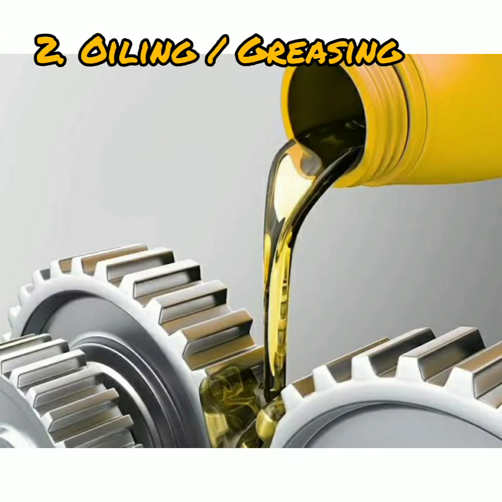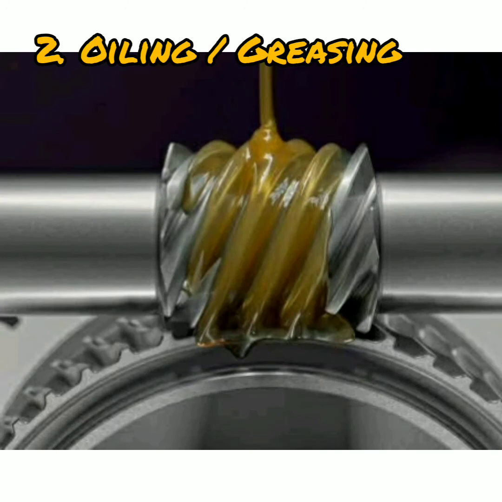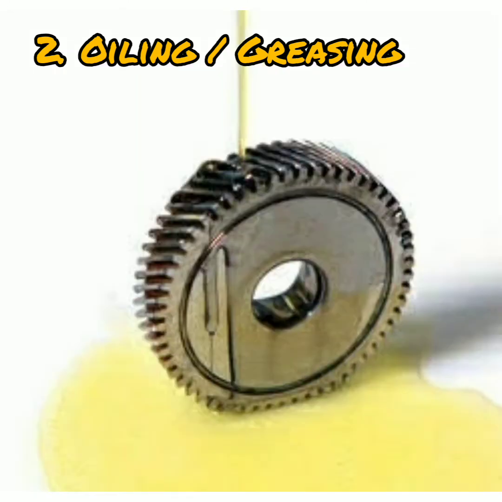Another simple method to prevent iron from rusting is oiling or greasing. The surface of articles can also be coated with a layer of oil or grease to prevent its contact with air or moisture.